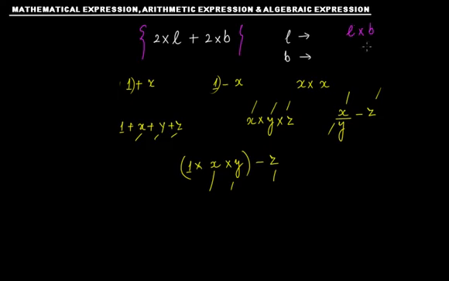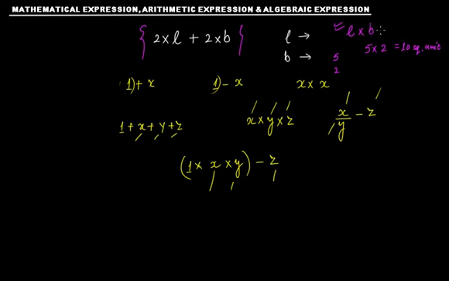So this is a general formula or general rule to find the area of a rectangle, and this is a mathematical expression that is specifically an algebraic expression. And if we know the value of L and B, let's say L is 5 and breadth is 2, then if we put these values here, 5 times 2 will be 10 square units. This is the answer for this area, that is L times B.